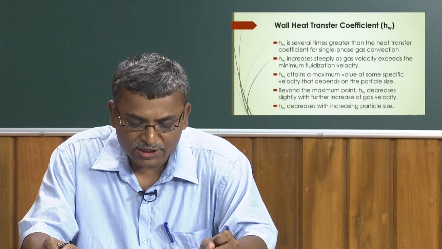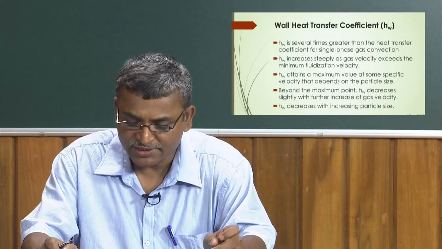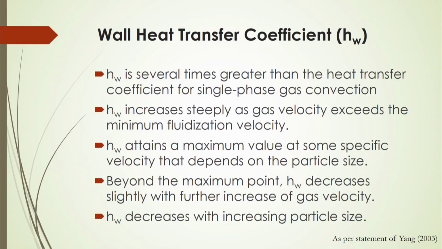Again, it will reach a maximum value at some specific velocity that depends on the particle size. Beyond the maximum point, Hw decreases slightly with further increase of gas velocity, and the wall heat transfer coefficient also decreases with increasing particle size.